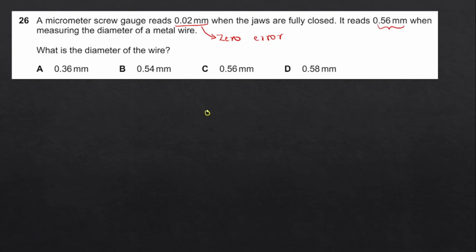So 0.56 millimeter, this was the measured value, minus 0.02 millimeter, this is the zero error, and here the zero error is positive.